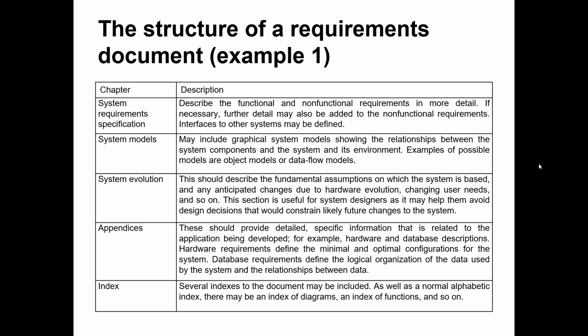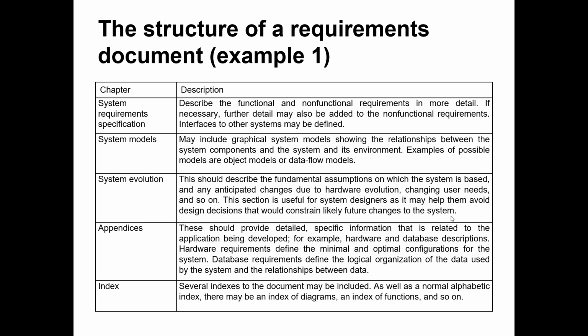All right, now the system evolution should describe the fundamental assumptions on which the system is based, and any anticipated changes due to hardware evolution and changing user needs. This section is useful for system designers as it may help them avoid design decisions that would constrain likely future changes to the system.